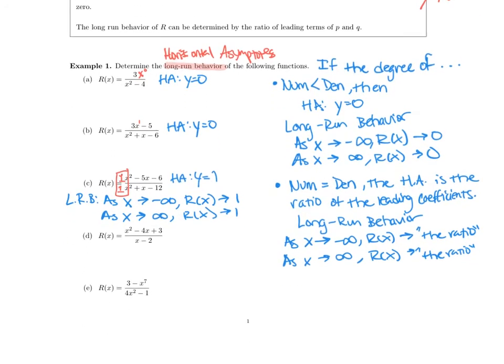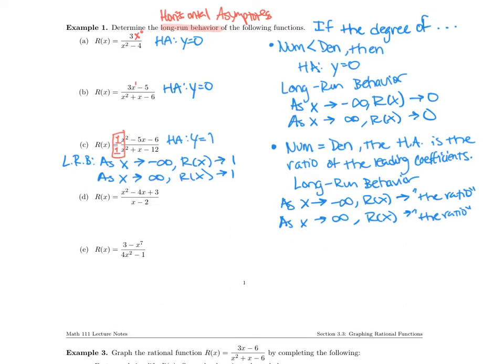So we really have one more situation left, and I'm hoping that you can guess what it is. Our last situation is if the degree of the numerator is greater than the degree of the denominator. What do you do? Well, in this case, you don't actually have a horizontal asymptote. If the degree of the numerator is larger than the degree of the denominator, there is an oblique, or you're going to hear me say slant, asymptote.